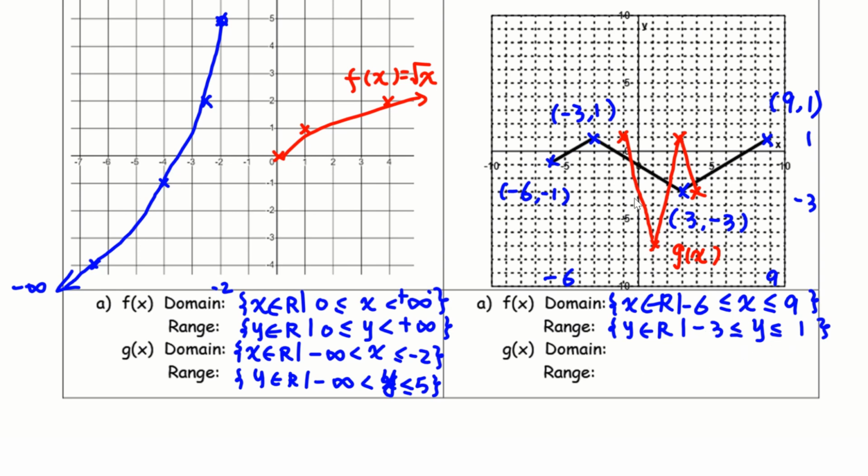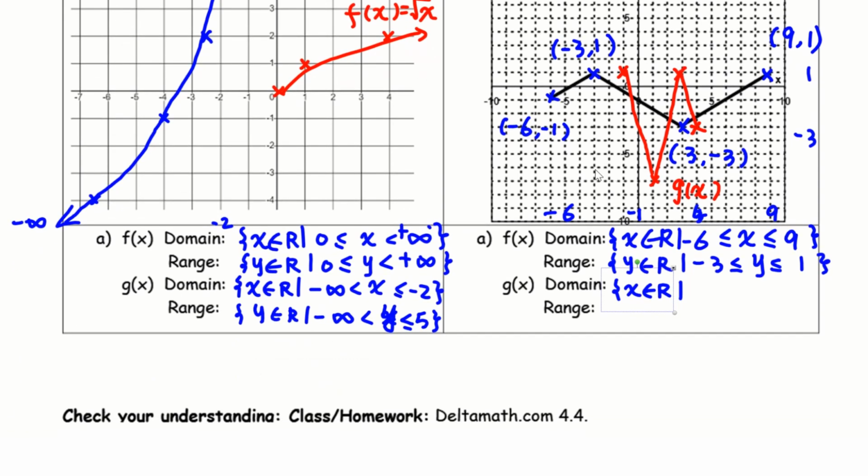For the g of x, the very left to the very right of the graph is from negative 1 to positive 4. So it will be x belongs to all real numbers such that negative 1, minimum, maximum, then put x in between, no open dots, less than or equal to.